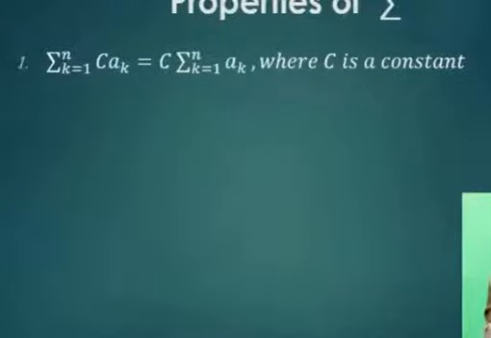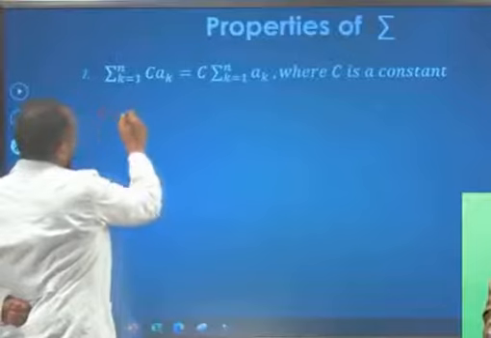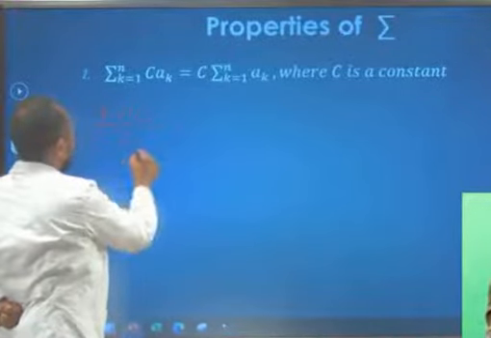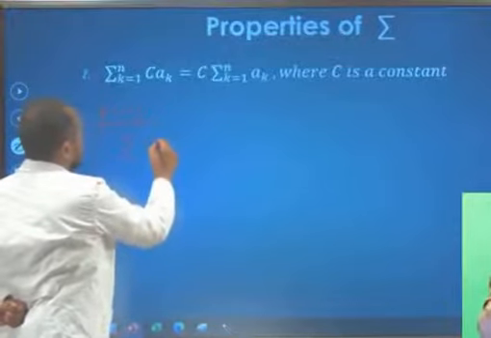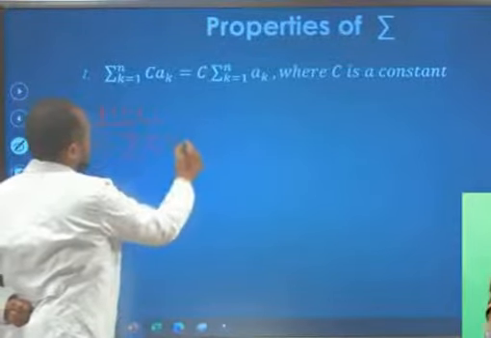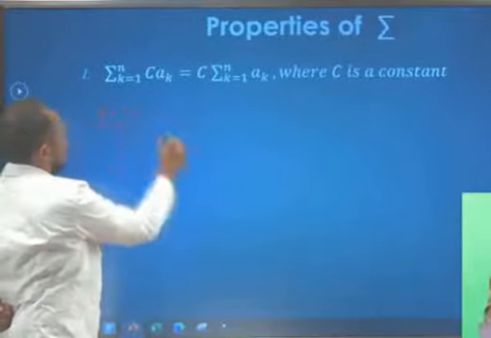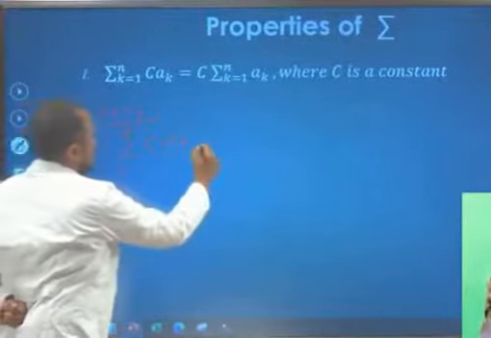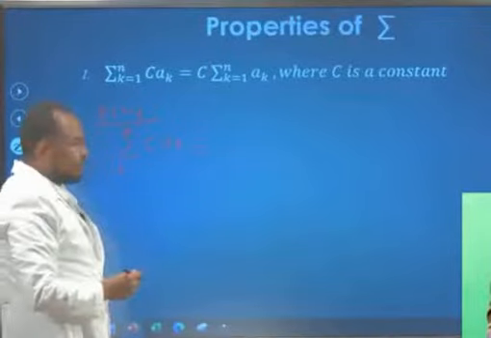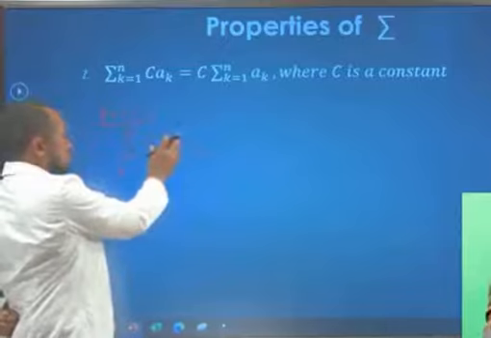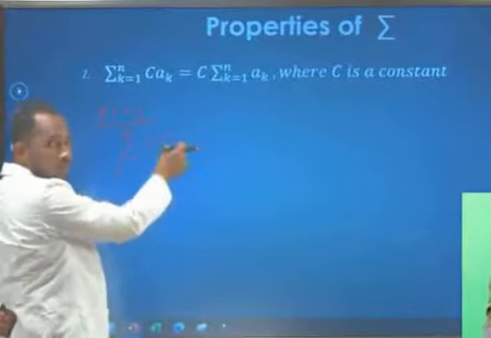To prove this property, let's start from this one. Proof: the summation of c times a_k, k starts from 1 up to n, is equal to, simply, adding the terms of the sequence starting from the first term up to the nth term.